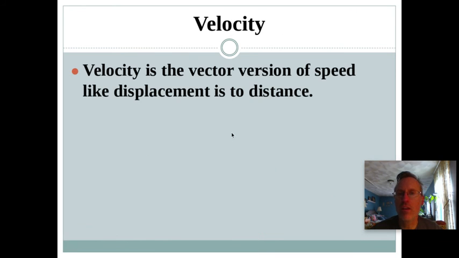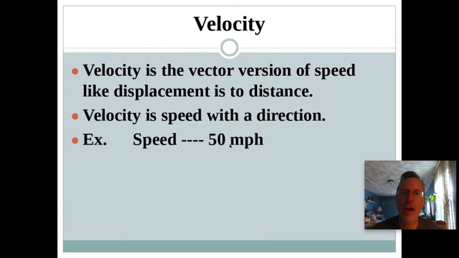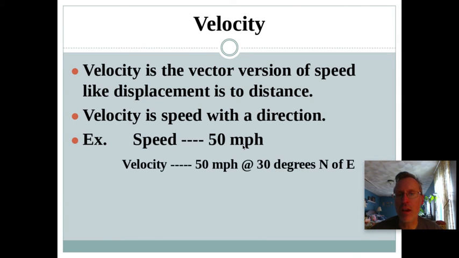Velocity is a vector. It's speed with a direction, as I already said. So for example, speed is 50 miles an hour, but a velocity might be 50 miles an hour, 30 degrees north of east. Where would you want this? Well, certain vehicles want a velocity rather than a speed. When we're driving in our cars, we get by with speed because we can see where we're going.